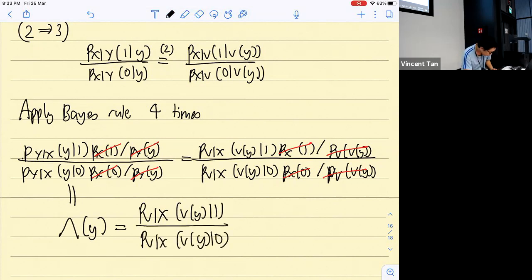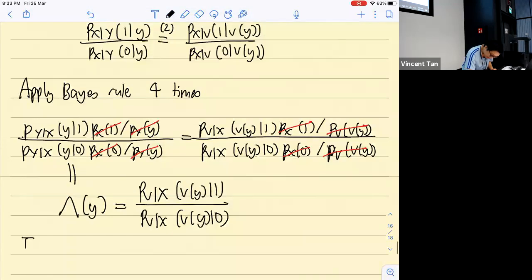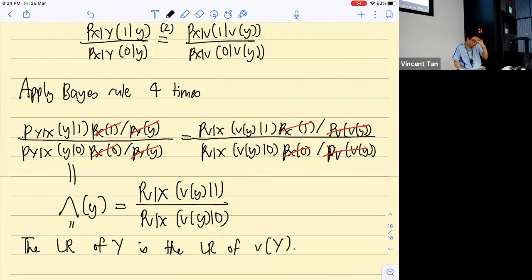So what we have seen is that the likelihood ratio of y, which is the left hand side, is the likelihood ratio of vy. This is a matter of applying Bayes' rule 4 times carefully and cancelling things properly.